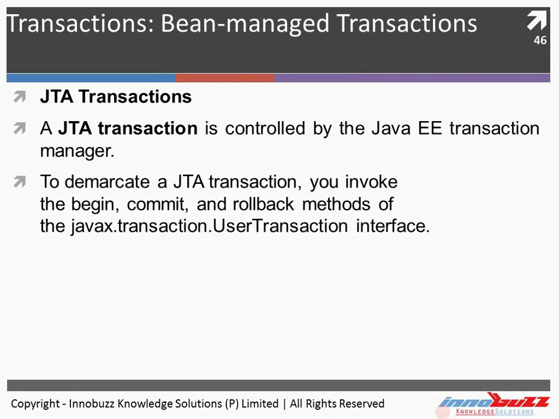To demarcate a JTA transaction, you invoke the begin, commit and rollback methods of the UserTransaction interface.